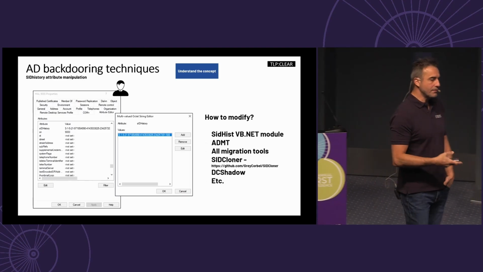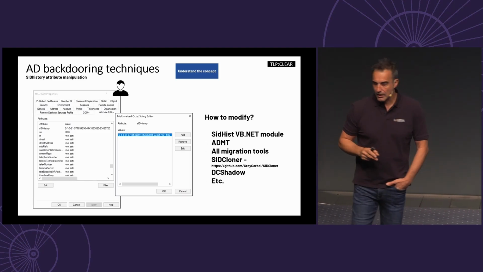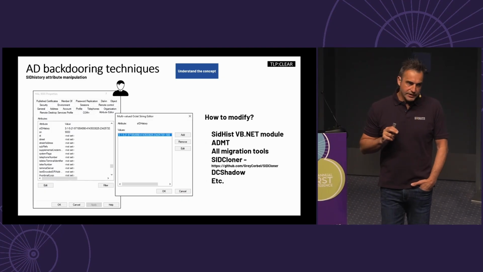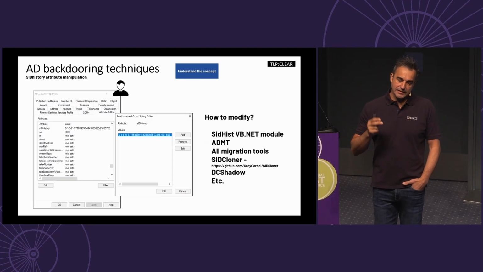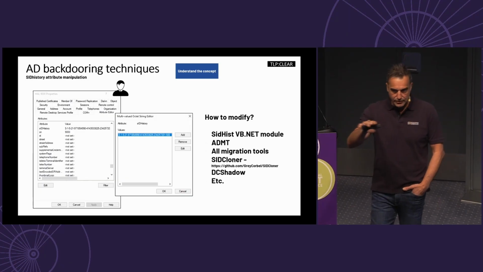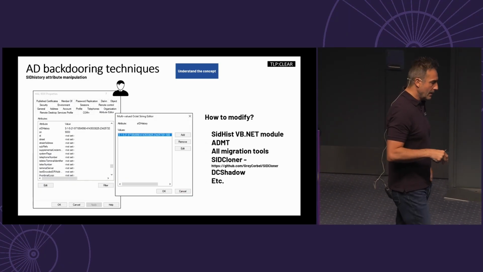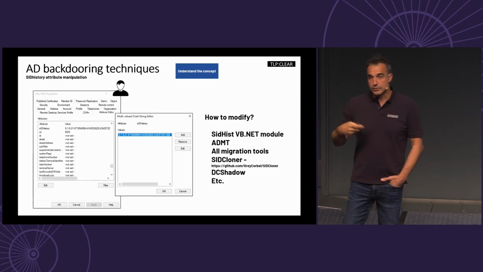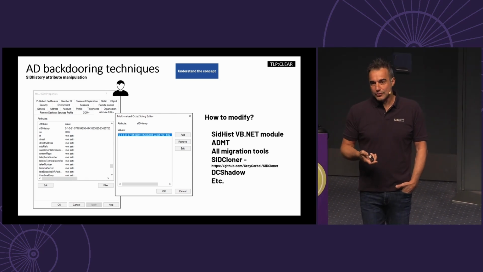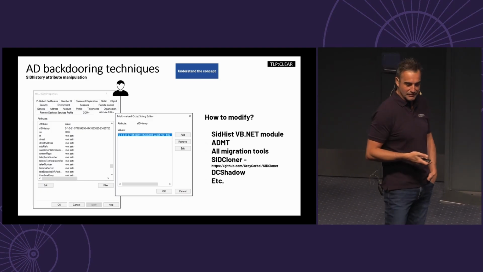So how do you modify this value? SIDHistory is a specific attribute in AD. It's a protected attribute, so you are not able to just go there and modify it with text. But you can use a lot of different tools to do that. For sure, you are able to use migration tools for this kind of manipulation.